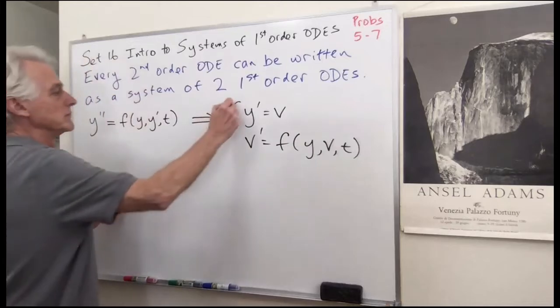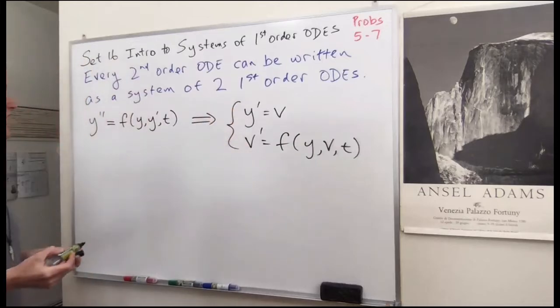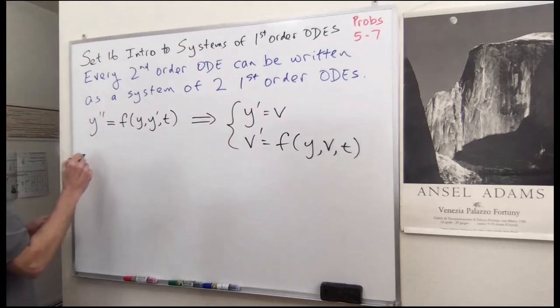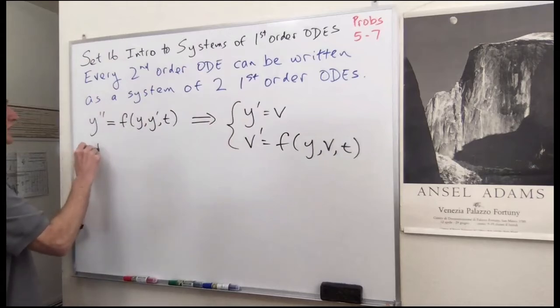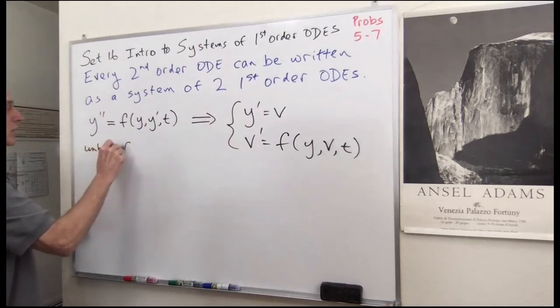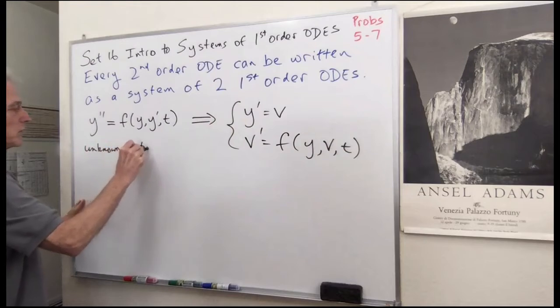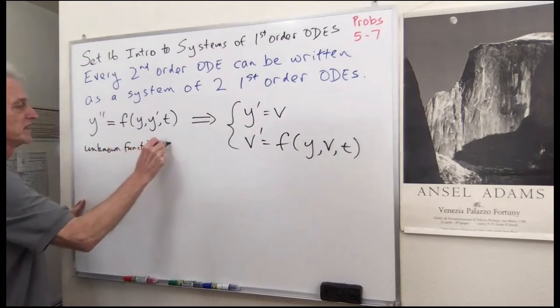All right. Kind of enough said about that. So let me just remind you that the unknown function here is y of t.